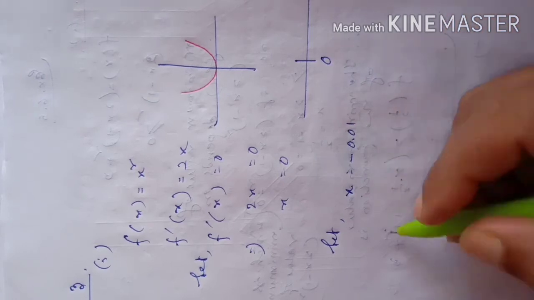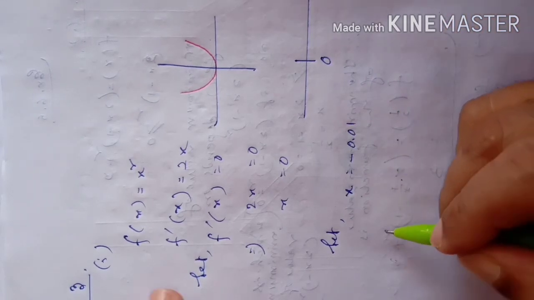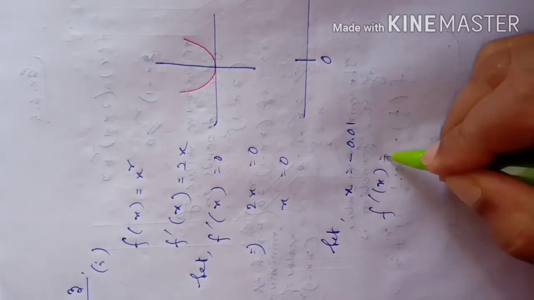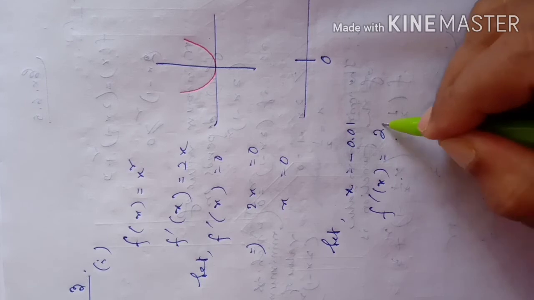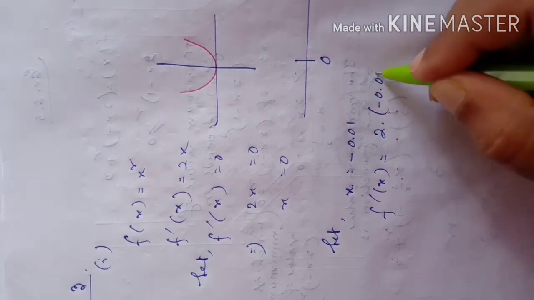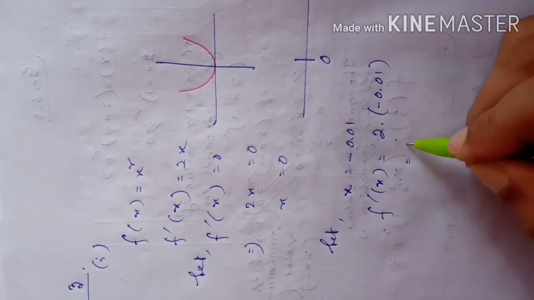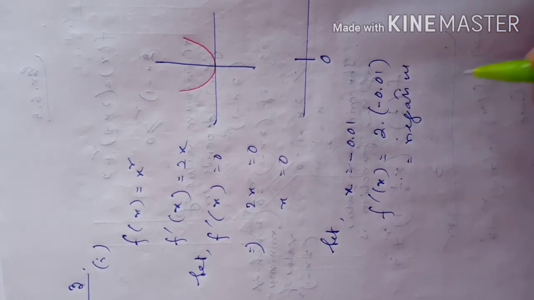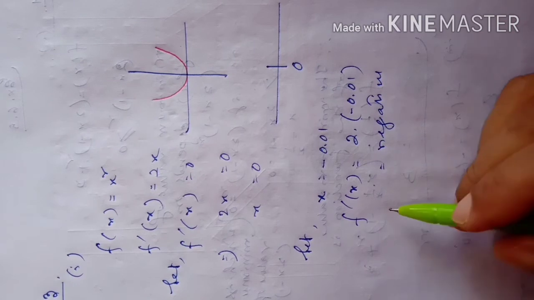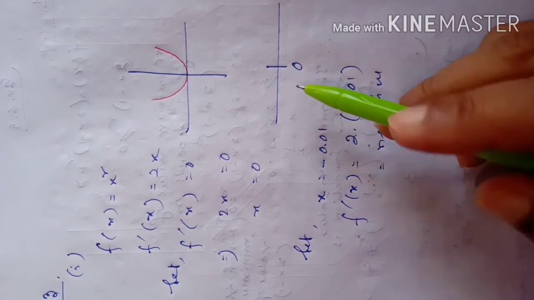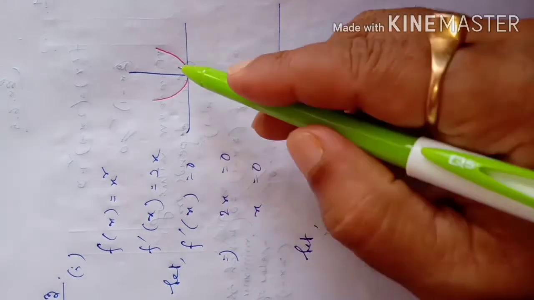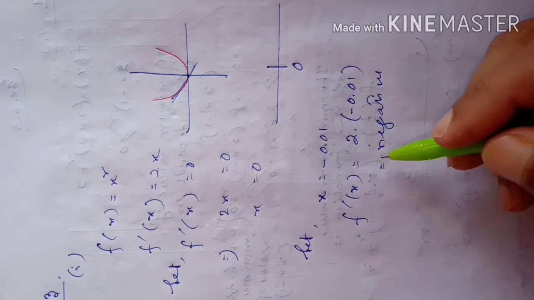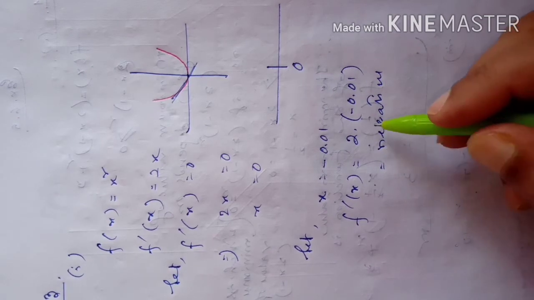At this point, what is the value of f dash x? f dash x will be equal to 2 into minus 0.01. Positive into negative is negative. So f dash x is less than 0 before 0, means negative.